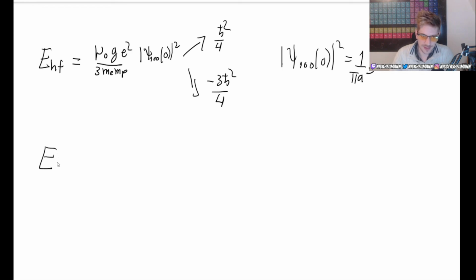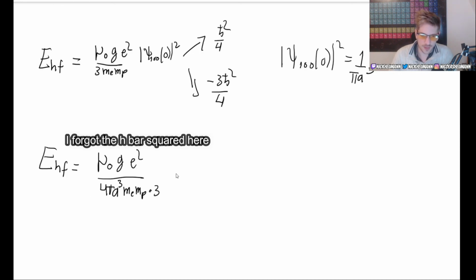So the energy for the hyperfine structure, we can factor out the h bar squared, and we will get mu naught g e squared over 4 pi a cubed me mp, times 3, and then we have, of course, the two possibilities, either 1 or minus 3. So these are the two possibilities for energy.